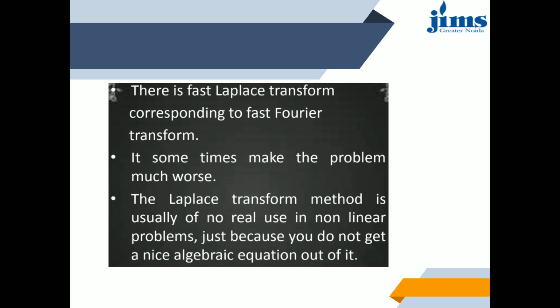There is a fast Laplace transform corresponding to the fast Fourier transform. It sometimes makes the problem much worse. The Laplace transform method is usually of no real use in non-linear problems, just because you do not get a nice algebraic equation out of it.